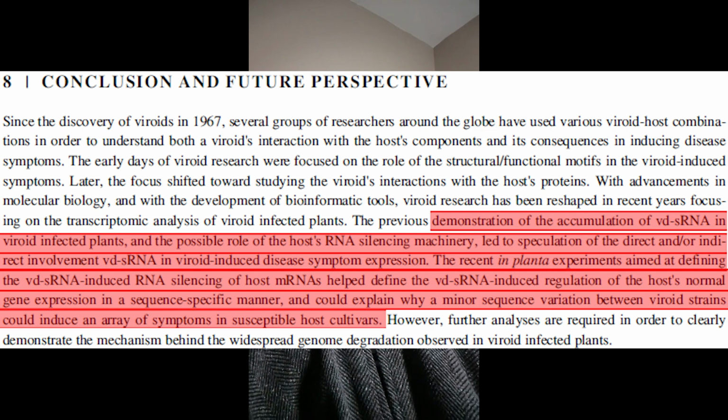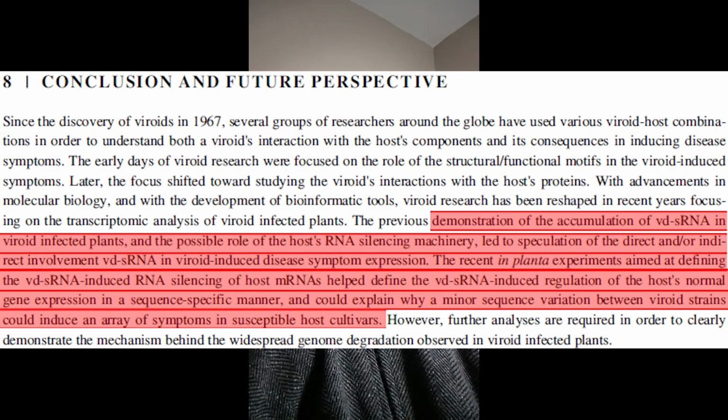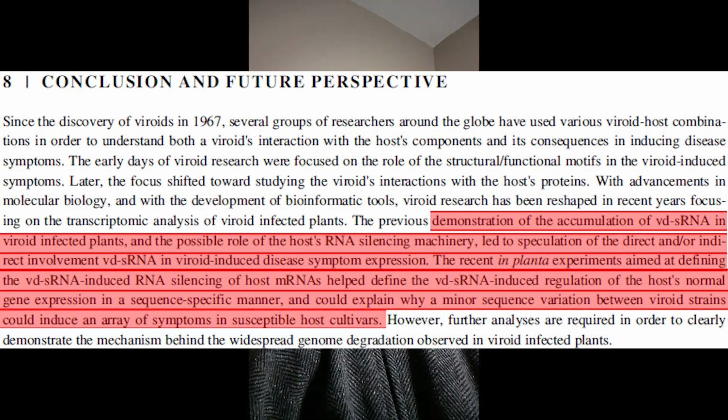Demonstration of the accumulation of viroid small RNA in viroid-infected plants and the possible role of the host RNA silencing machinery led to speculation of the direct and/or indirect involvement of viroid small RNA in viroid-induced disease symptom expression.